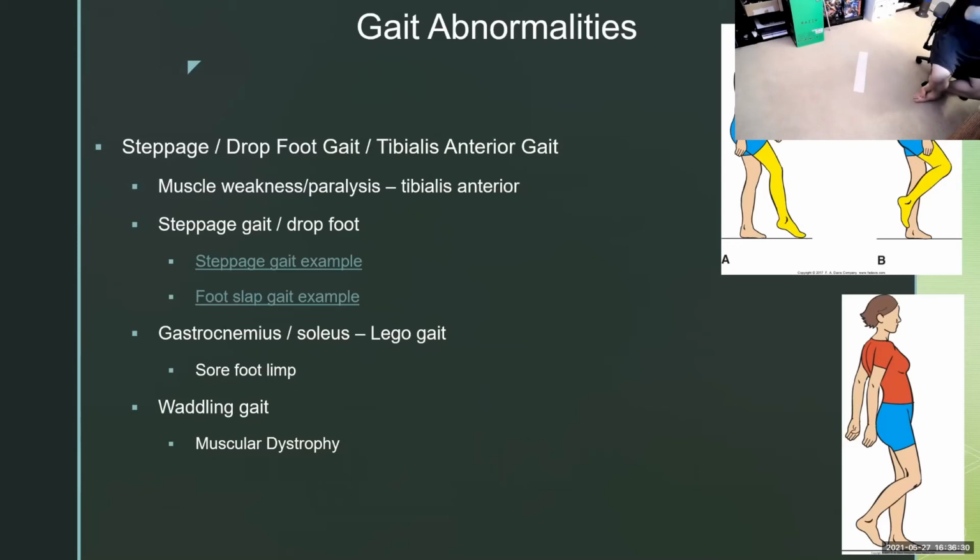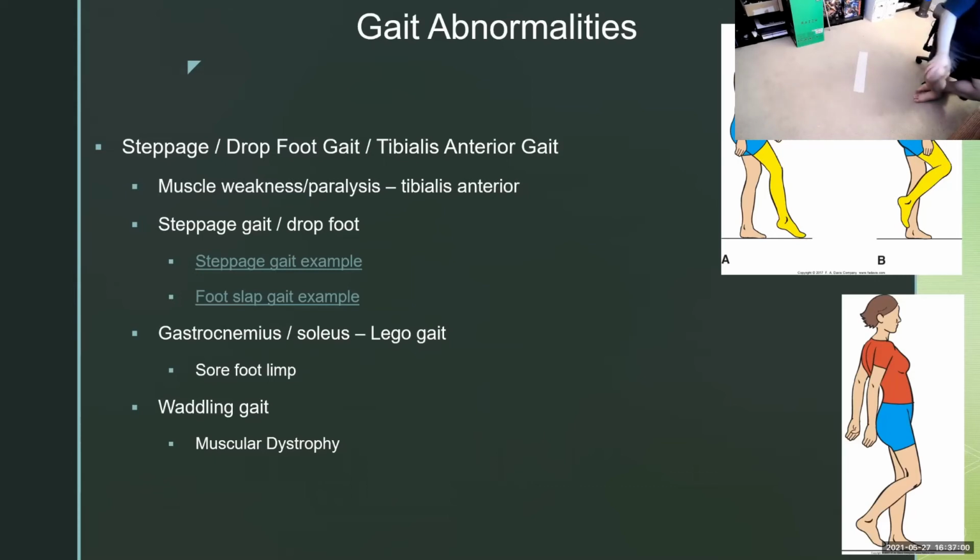So if it says the patient has a right gastroc gait pattern, which is a sore foot gait pattern, that means they're going to avoid right stance phase because they don't want to put weight on that foot. Does that make sense? Usually when you have an antalgic gait pattern, their stance phase on that side is going to be reduced because they don't want to weight bear on it.